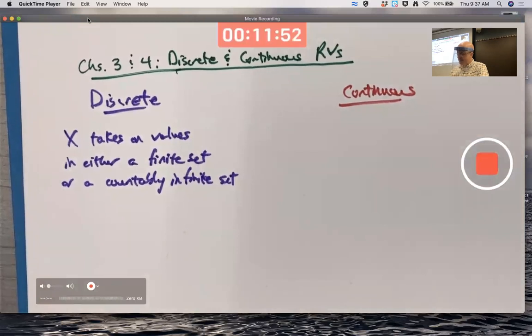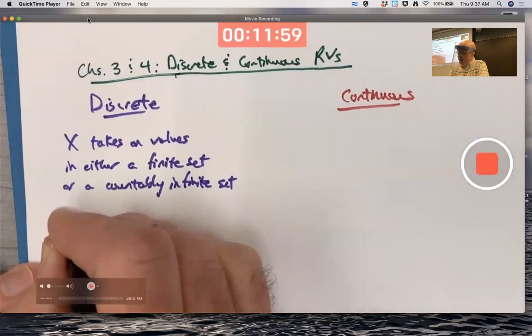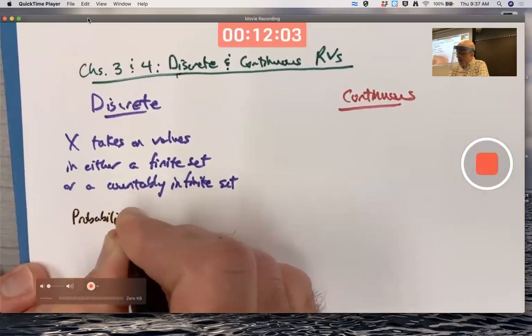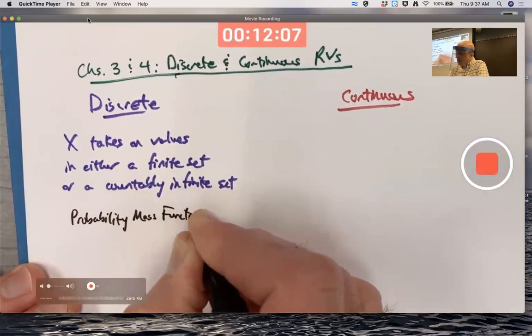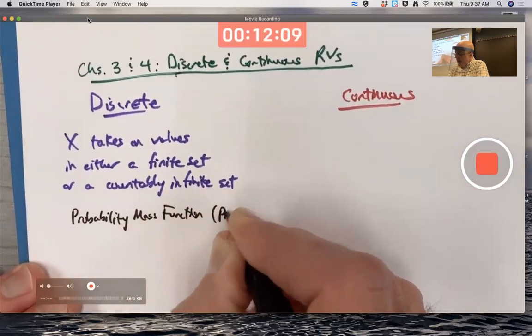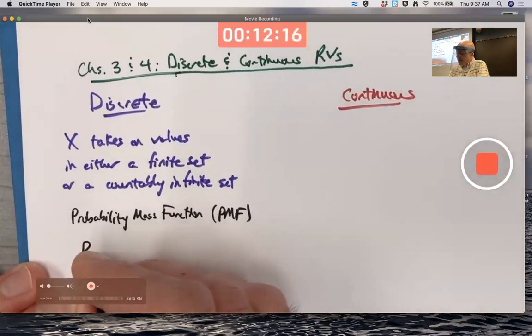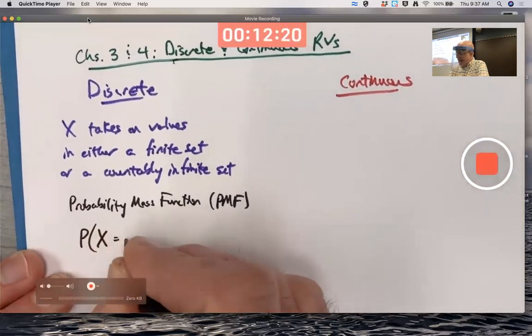And to find probabilities for such a random variable, you have a probability mass function, or PMF for short, that says to find the probability that X takes on a specific value called little x.